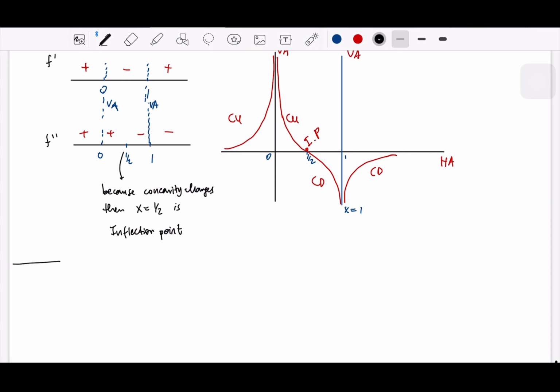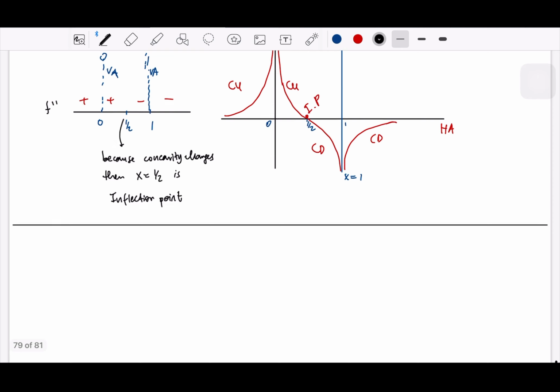So let me put a line here to take this as a finished part. So this is 4.4, indeterminate forms and L'Hopital.